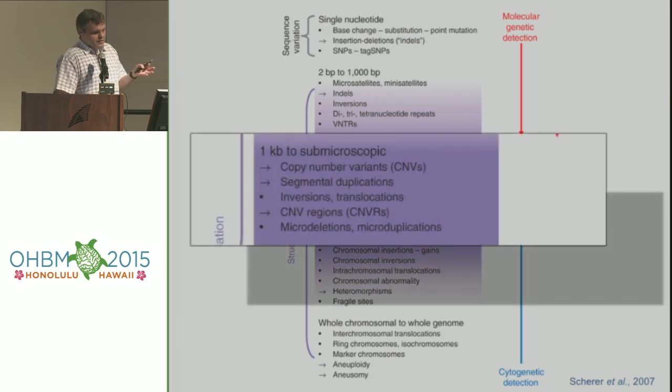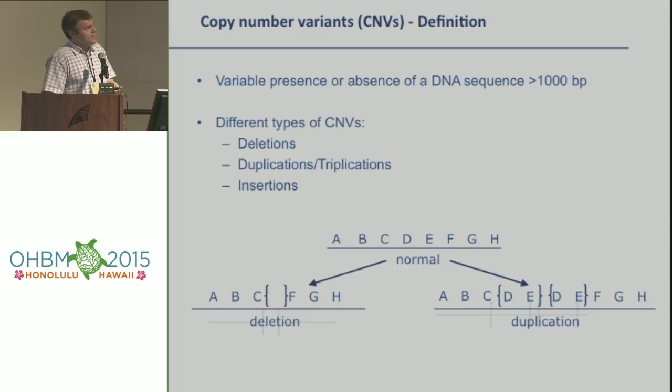Another interesting and important class of variation are the copy number variants, or CNVs. They are pieces of DNA that are duplicated or deleted, and they involve more than 1,000 base pairs. So basically what you have here is a normal sequence.